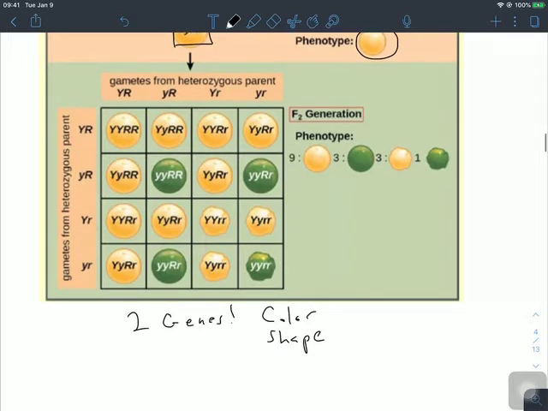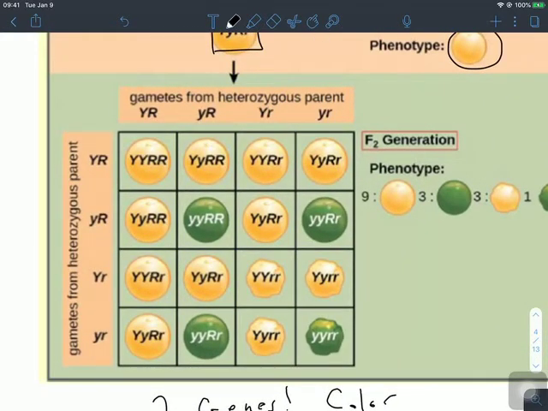Now, that means that you are going to be able to mix and match the genes and the alleles.